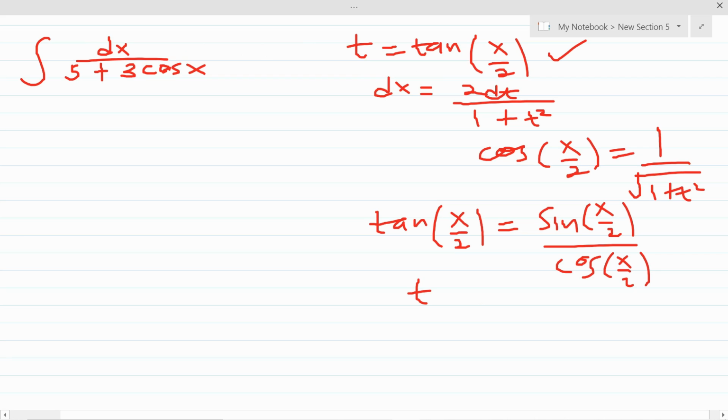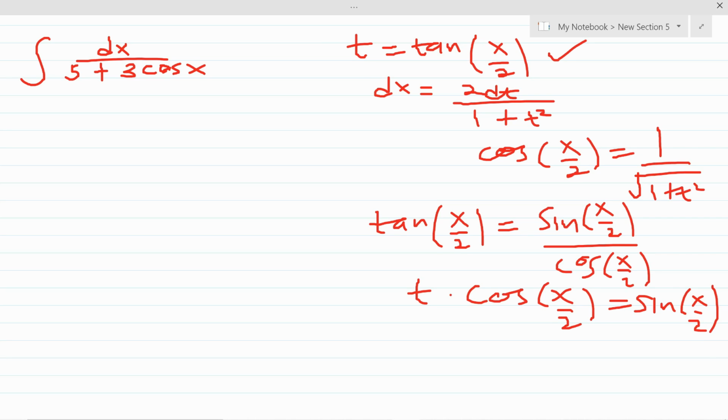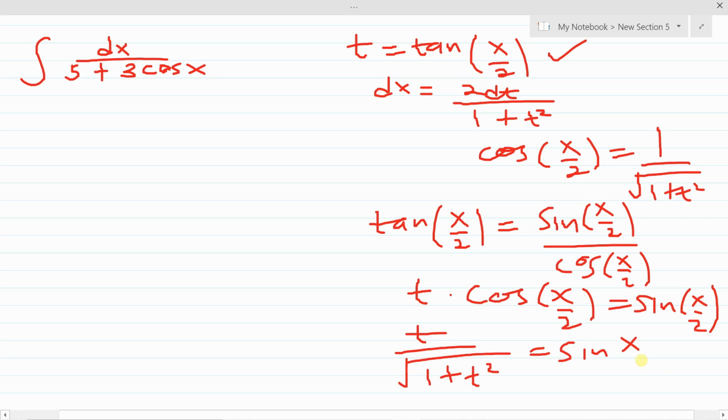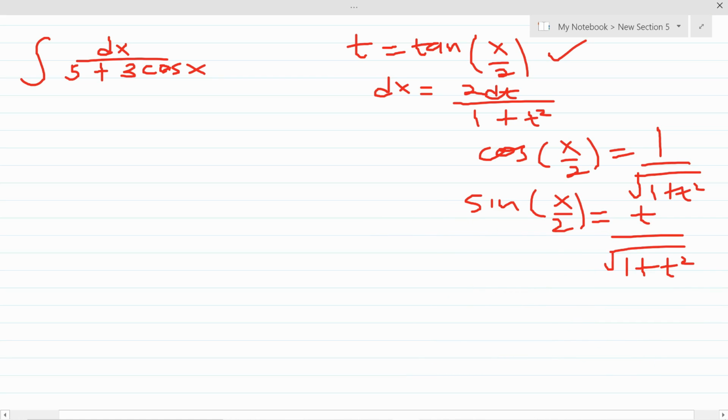So t over the square root of 1 plus t squared is equal to sine of x over 2. Now this will help us get cos x. So sine of x over 2 is t over the square root of 1 plus t squared.